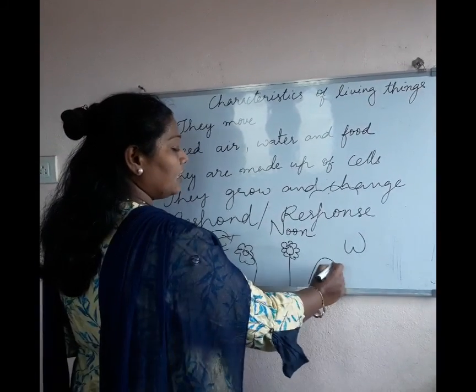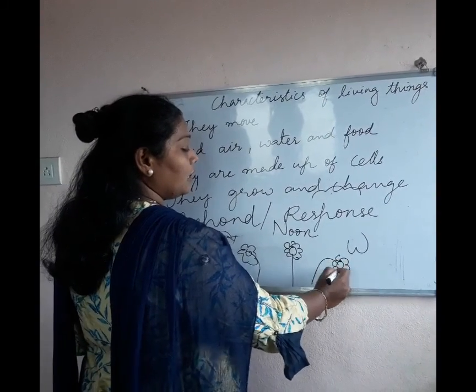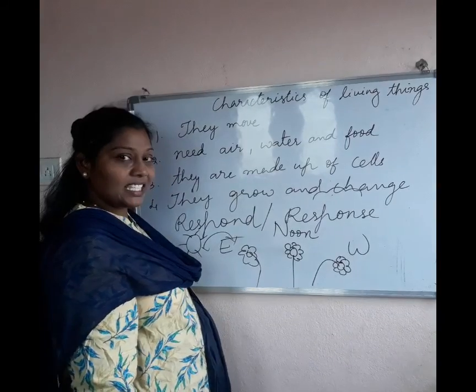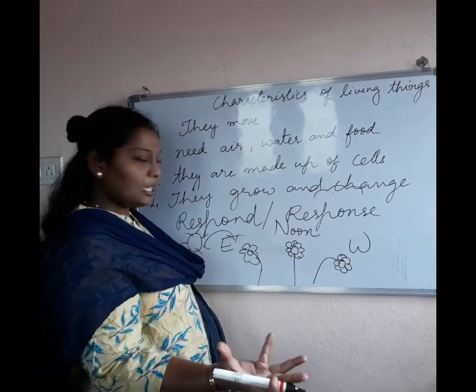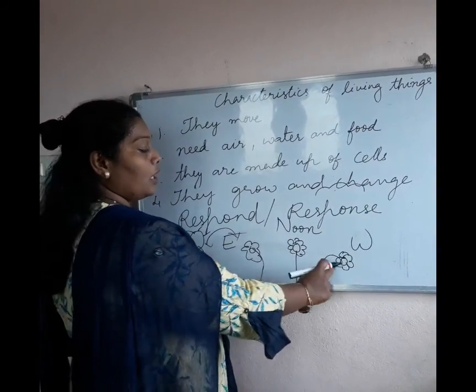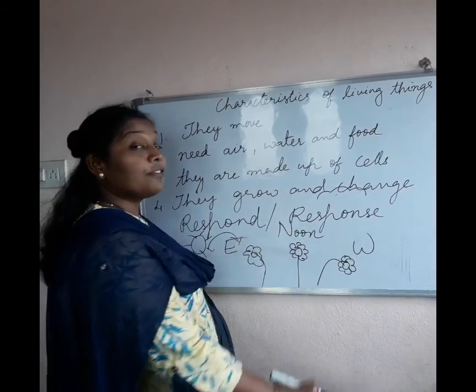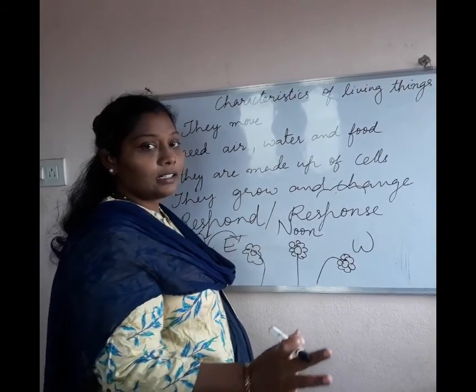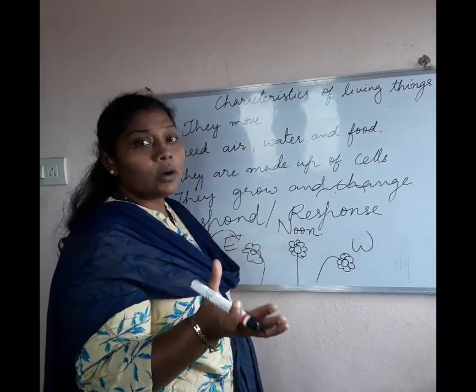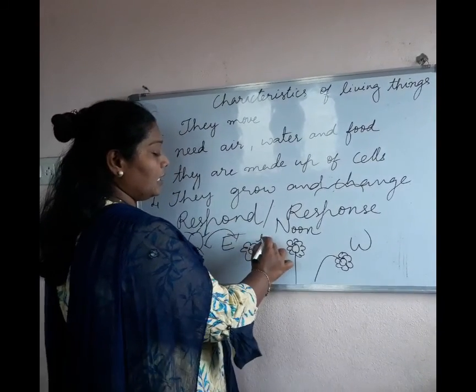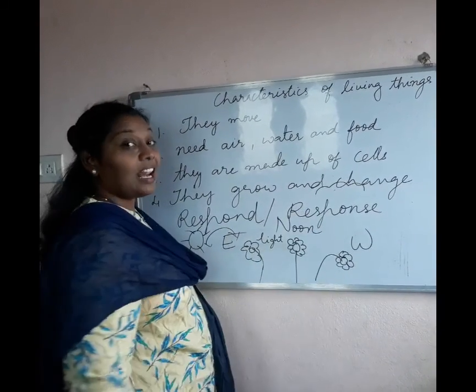And in the evening, the flower will fall towards the west. What is this? Simple. It is responding to the light. It is responding to one of the characteristics of the surroundings, called light.